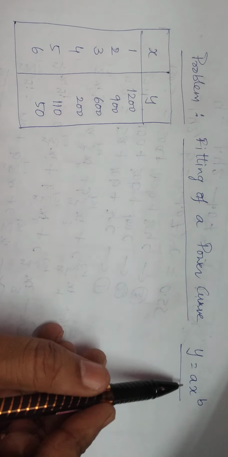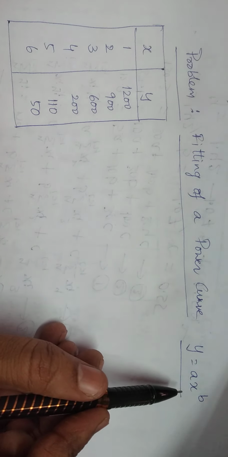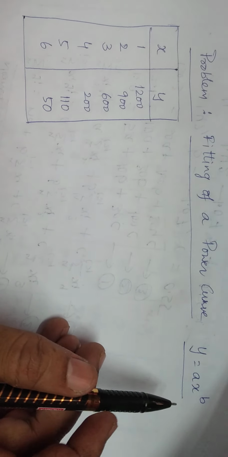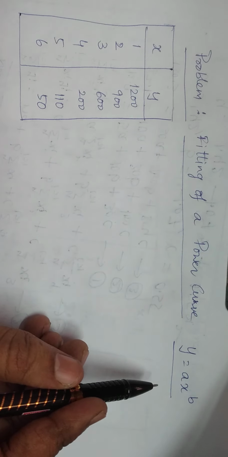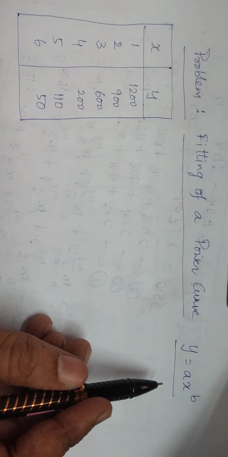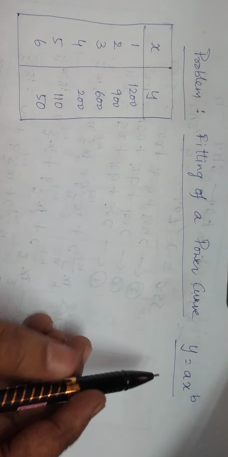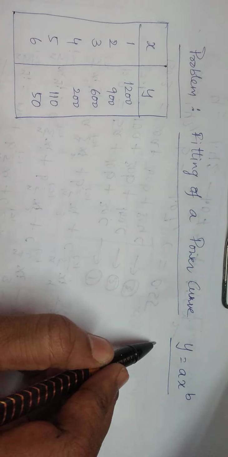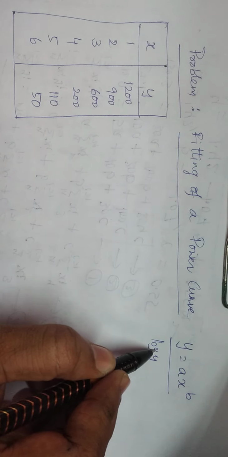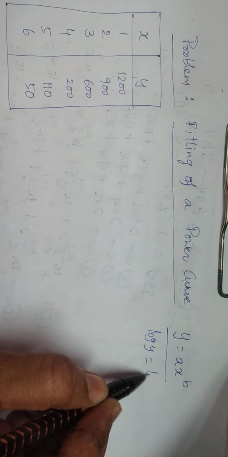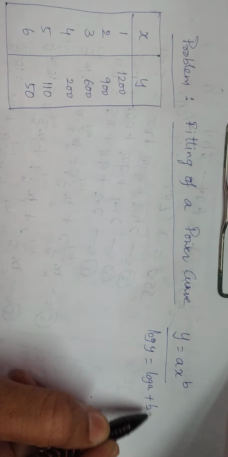What is a power curve? y is equal to a into x power b, for which I write normal equations. My method is first of all to identify the normal equations. If you remember, okay. Otherwise, simply consider logarithms: log y is equal to log a plus b log x.